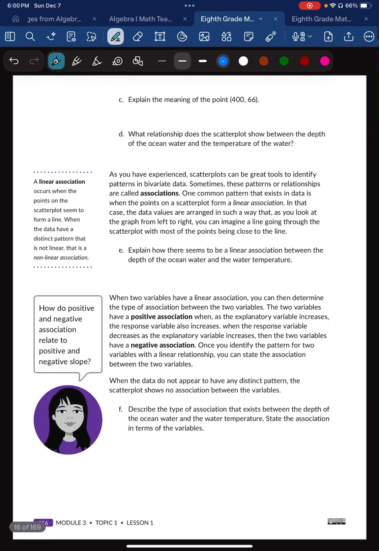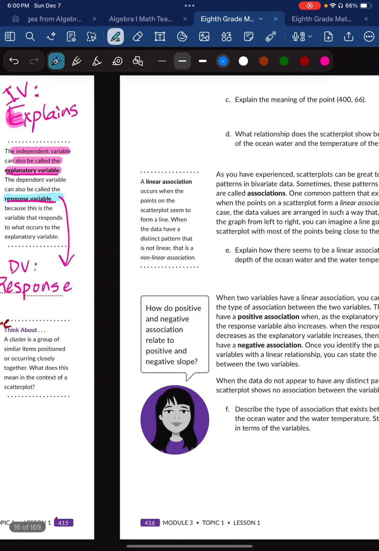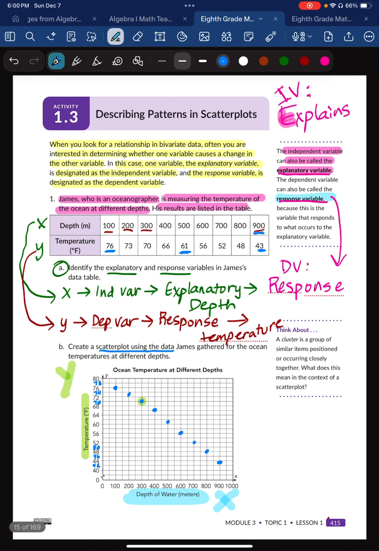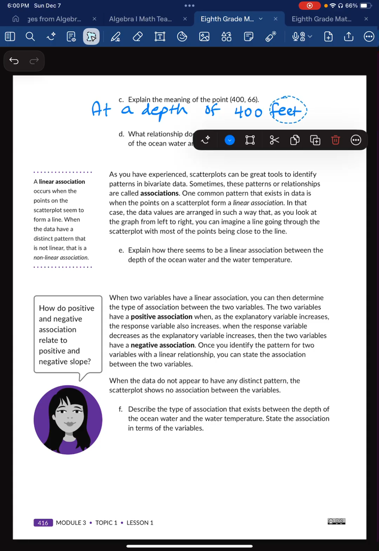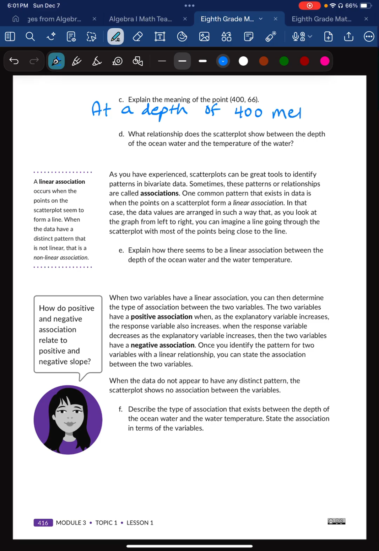So let's move on. Explain the meaning of the point 400, 66. That means at a depth of 400 feet, or is it meters? Sorry, let me check. Oh, it is meters. The water temperature is 66 degrees.